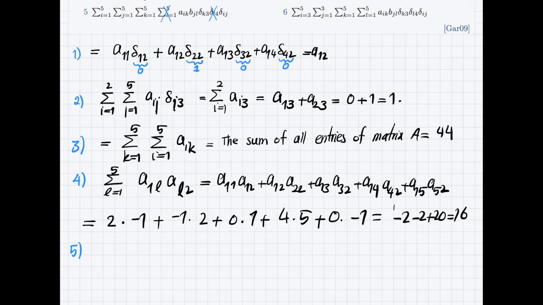Okay, so what is left for me is 3 sigmas. I goes from 1 to 5, J goes from 1 to 5, and then K goes from 1 to 5. And then what are left for me are AIK, BJL, delta K3, delta IJ.